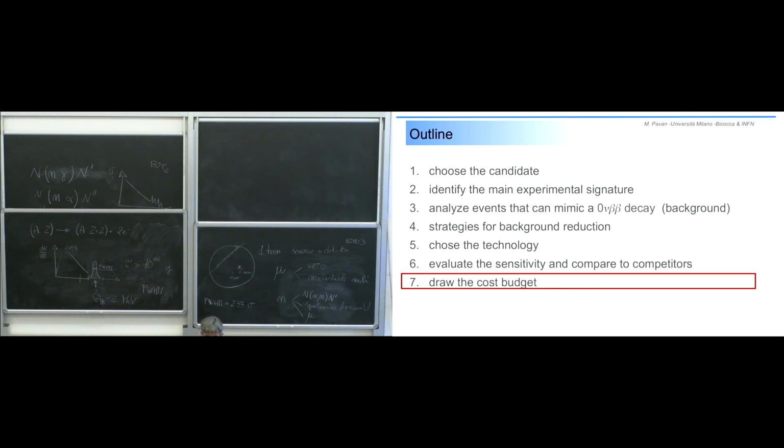So your question is, from the point of view of the choice of candidates, which one can have the best signal to background ratio? The problem is that in any case it depends not only on the candidate but also on the technology that you are using, and on the energy, because the technology defines it.